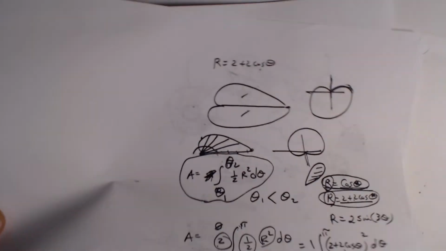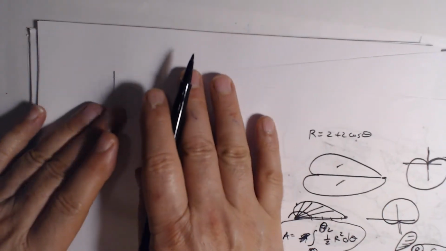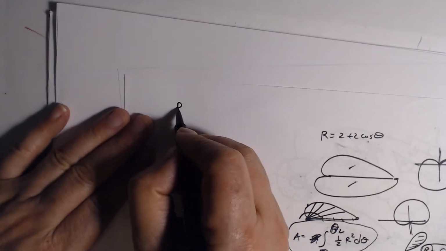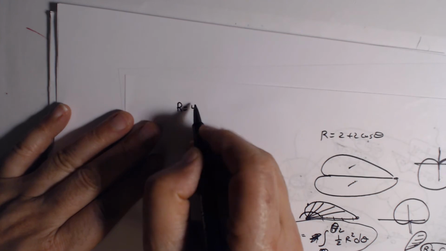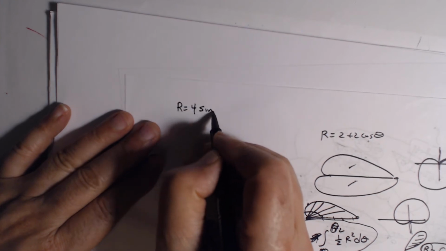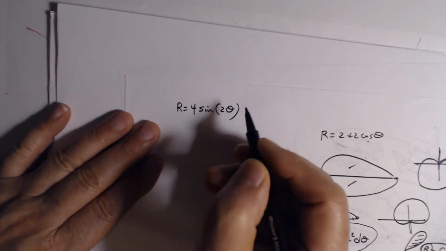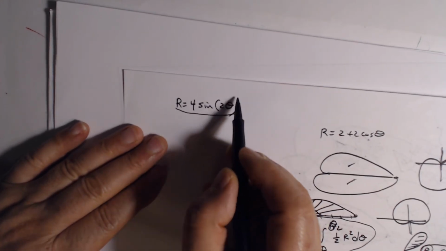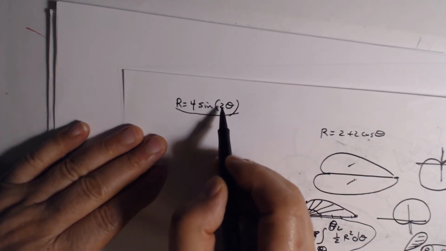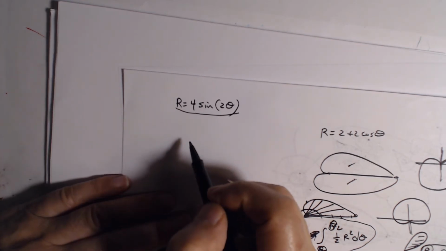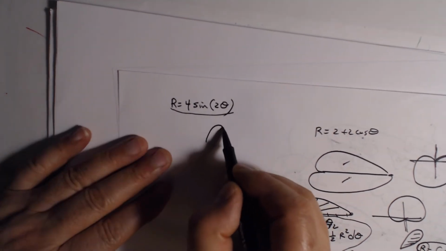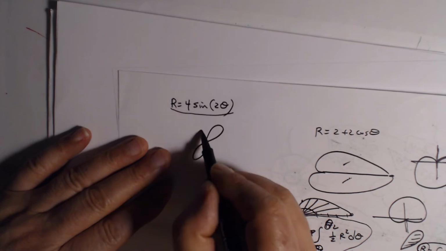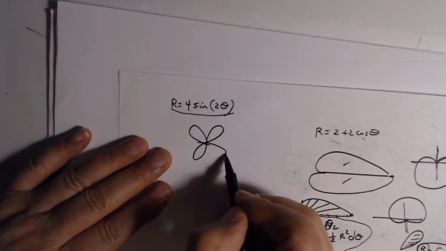But you said, what happens if I have r equal to 4 sine 2 theta? I know this is a special graph called a rose curve, and you're going to have 4 rose petals. All 4 petals have the same area.